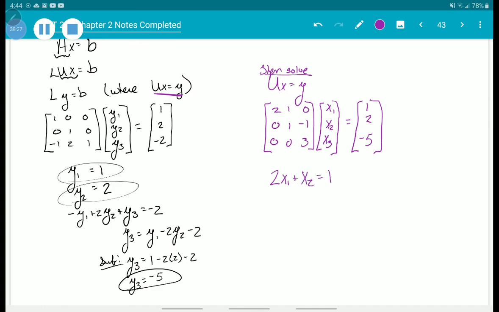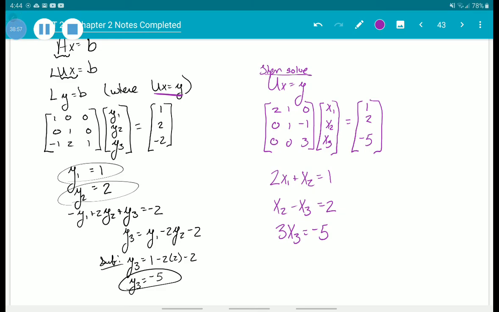We have x2 minus x3 has to be equal to 2. And then we have 3x3 is equal to negative 5. So that's what that system is saying.